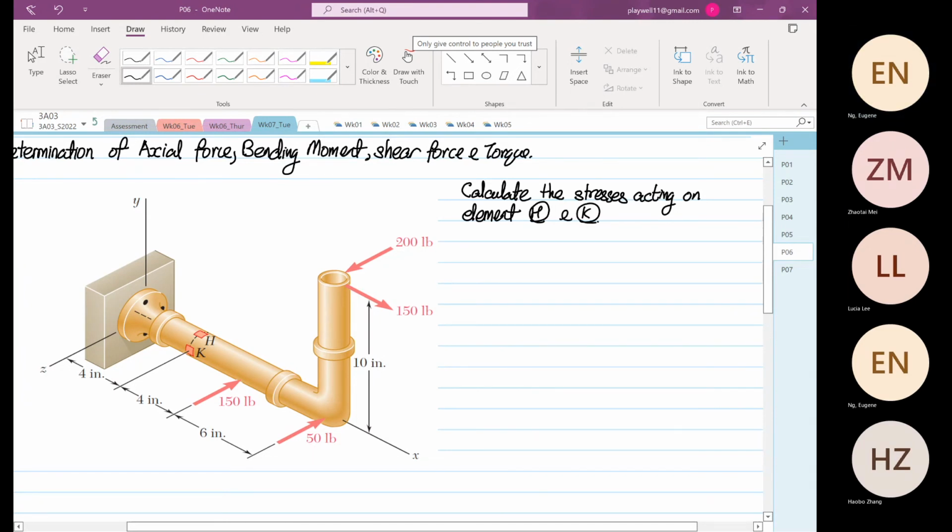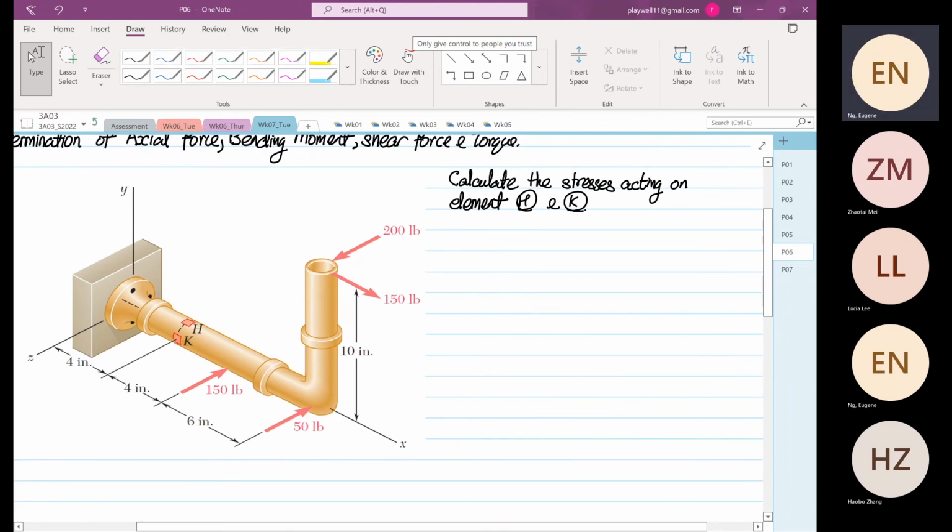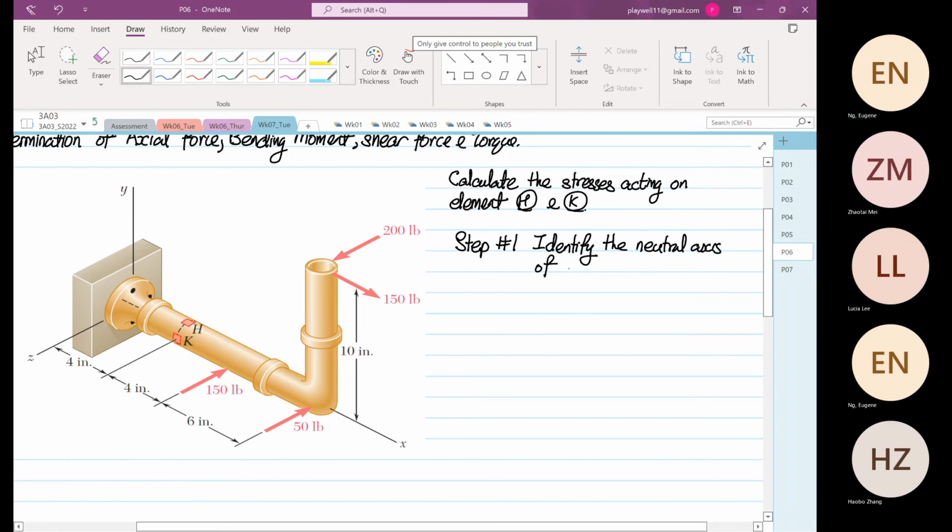Okay. So step number one, the first thing I want you to do is to identify the neutral axis of element H and K. So what do I mean by that?